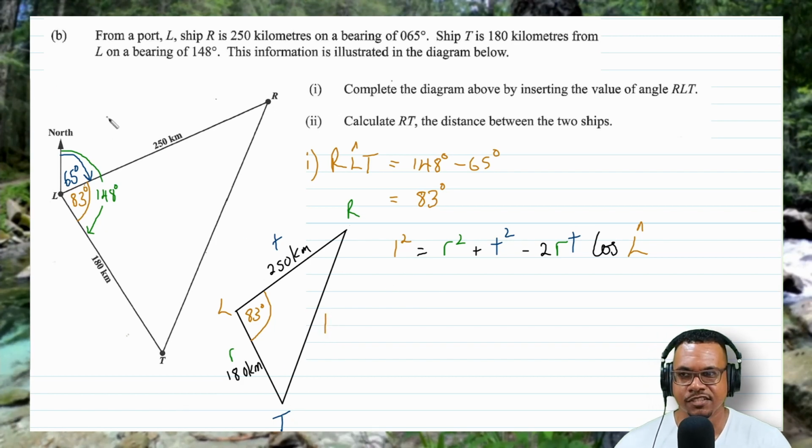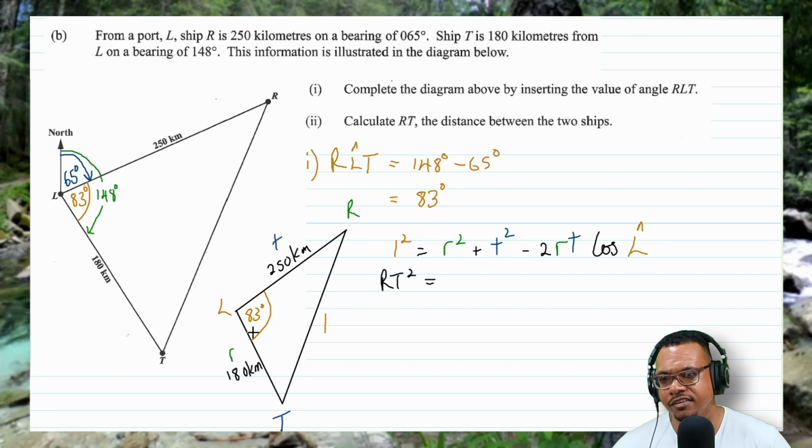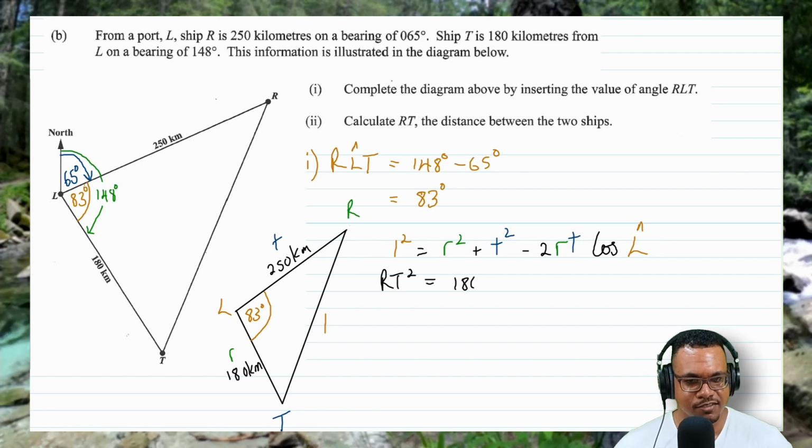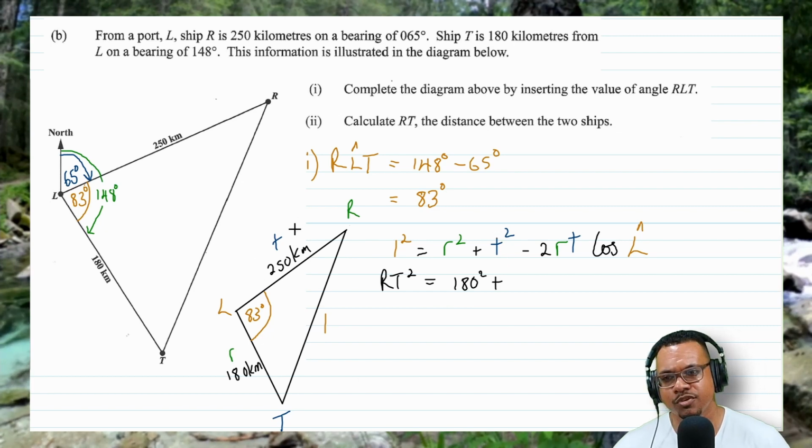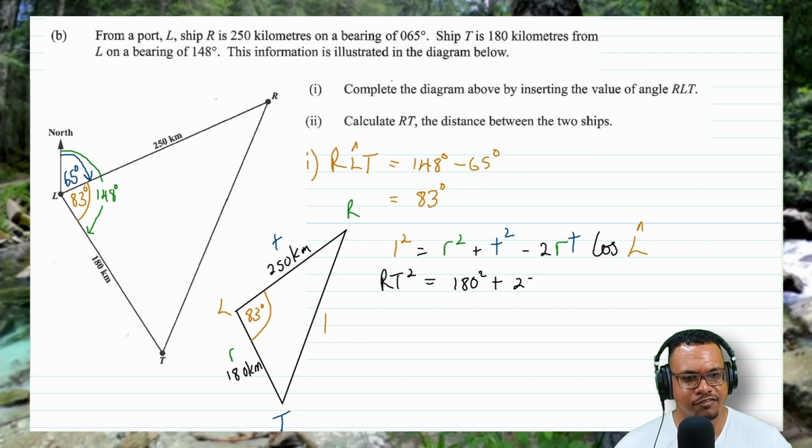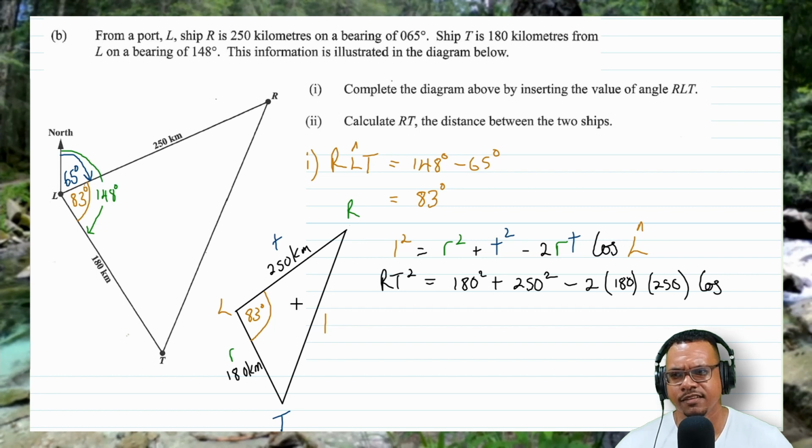So we're going to write RT squared for L. Common R is 180 kilometers, so that's 180 squared plus common T squared. Common T is 250 kilometers, so that's 250 squared. Take away 2 times R, which is 180, times T, which is 250, cosine angle L, which is this 83 degrees here.